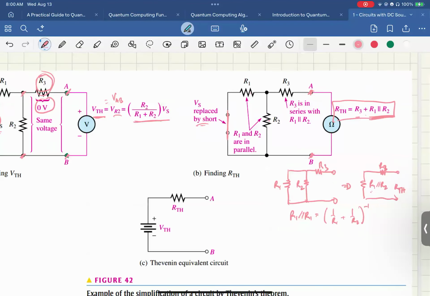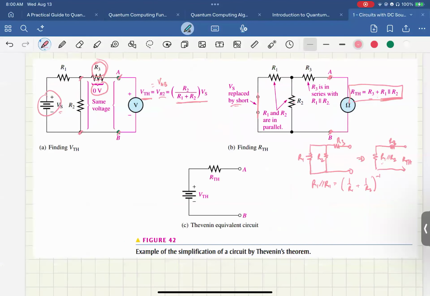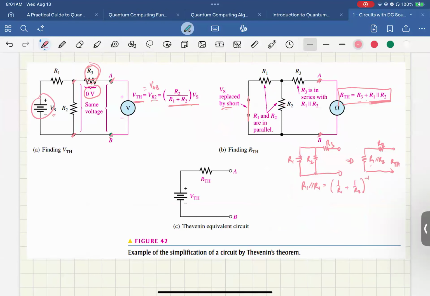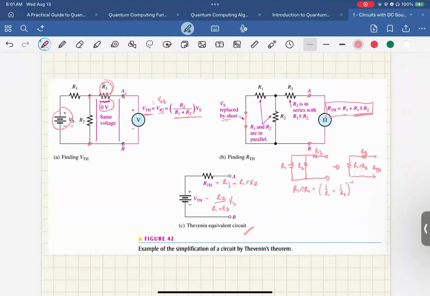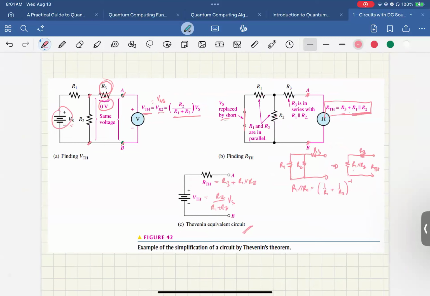So now we have converted this circuit into its Thevenin equivalent circuit, where RTH is R3 plus R1 parallel to R2, and VTH is just R2 over R1 plus R2 times V sub S. Any questions?